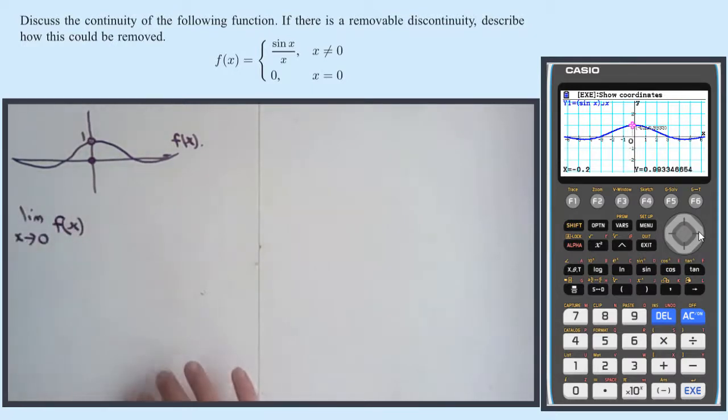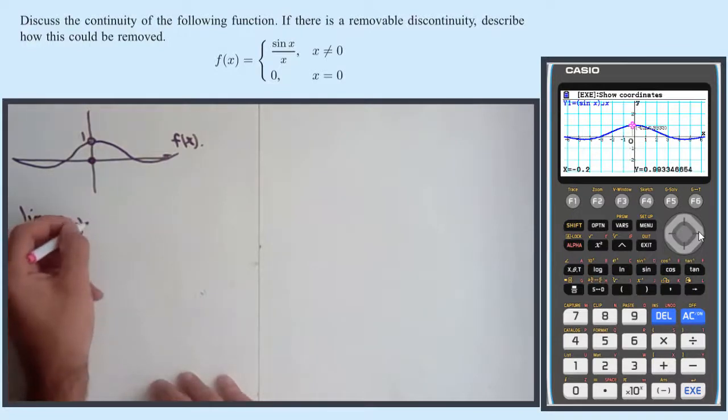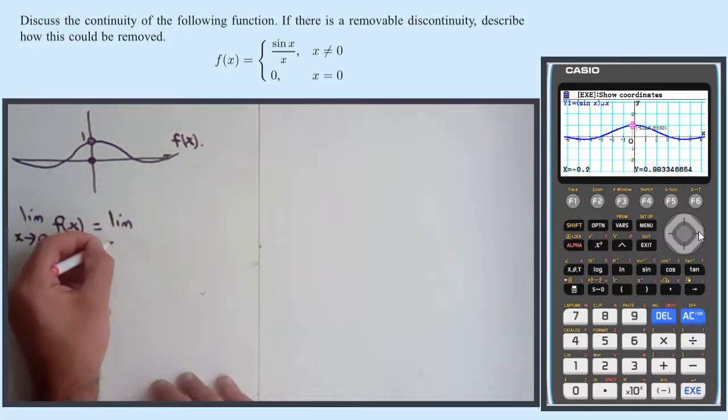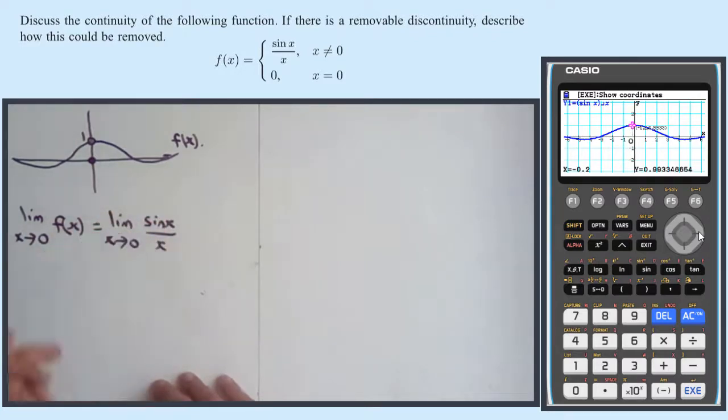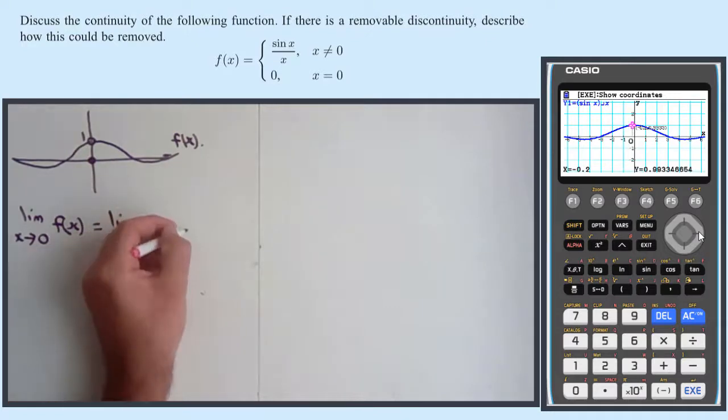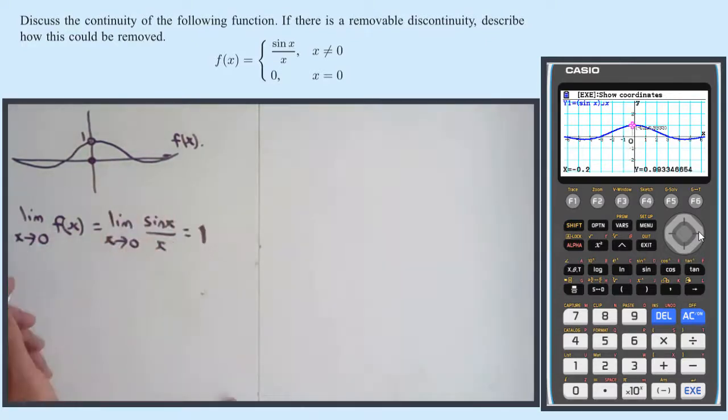Now hopefully you recognize that this is the limit as x approaches 0 of sine x over x, which we should recognize is the fundamental trigonometric limit. So that equals 1, and that is because of the fundamental trigonometric limit.